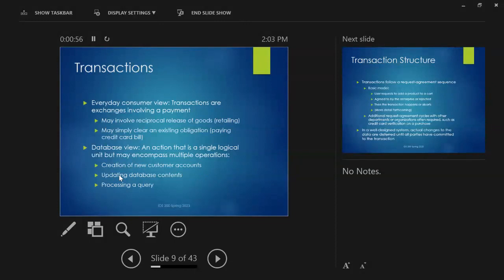Anytime you update database contents, right? Most databases, there's a backup copy, maybe more than one backup copy. So if you upload a photo to Facebook, right, the logical unit there is Facebook gets the photo, they store it in one database, and they create a couple other copies of it to store somewhere else, right? So again, single logical unit involving multiple actions. Even processing a query, right?